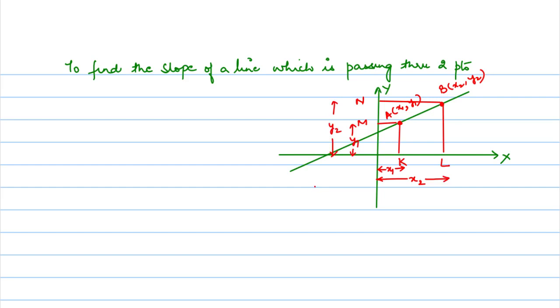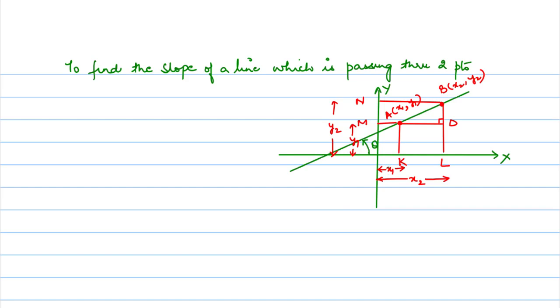Now, what we do is we drop a perpendicular from this point A to this line, and let's say we mark this as D. Now, if you look closely, if this is our line, what would be the angle of inclination? Angle of inclination would be this angle, positive direction, anti-clockwise.